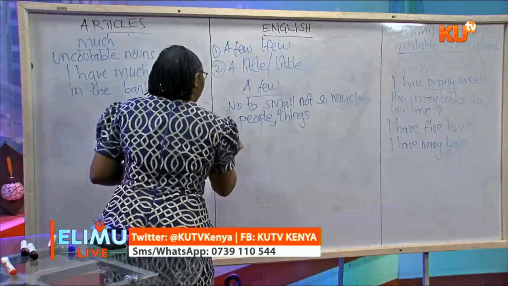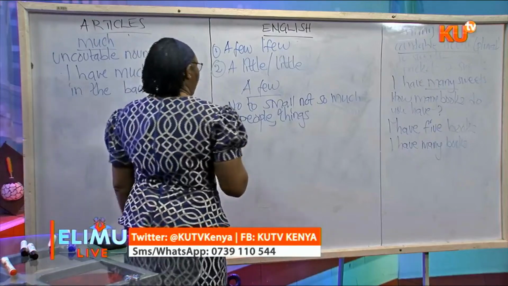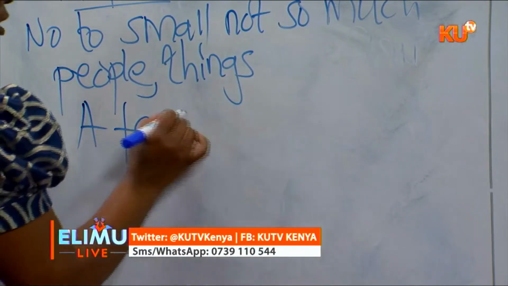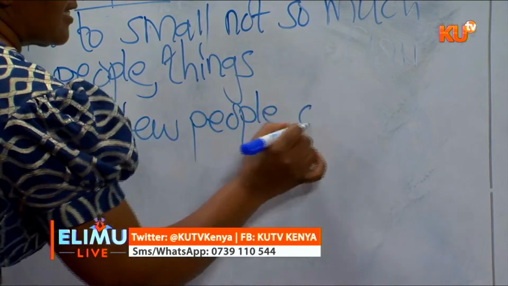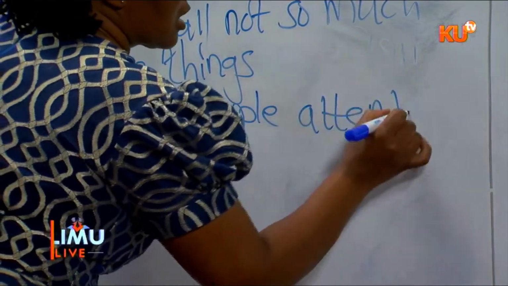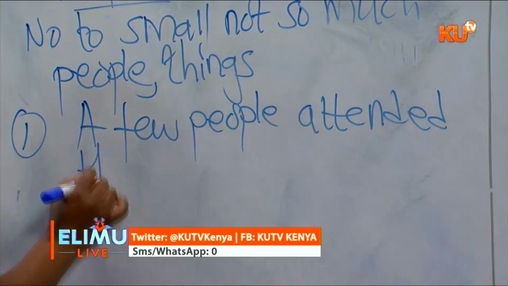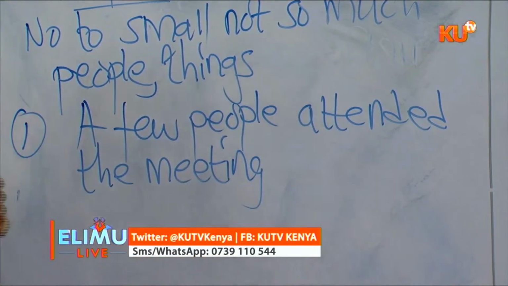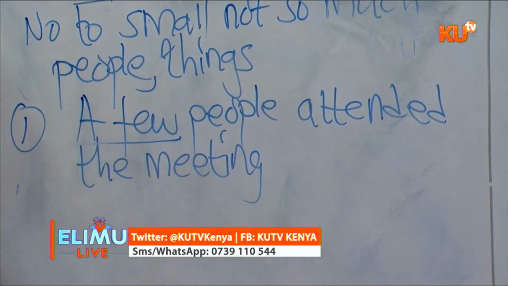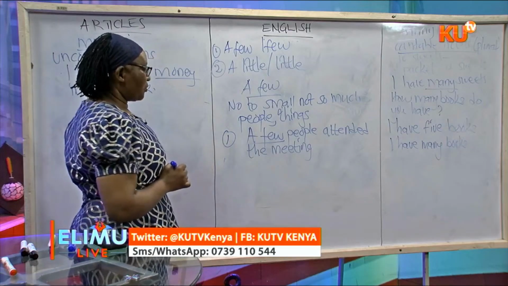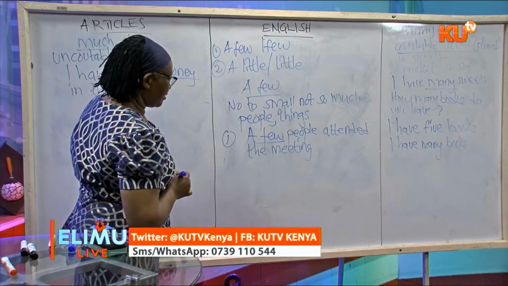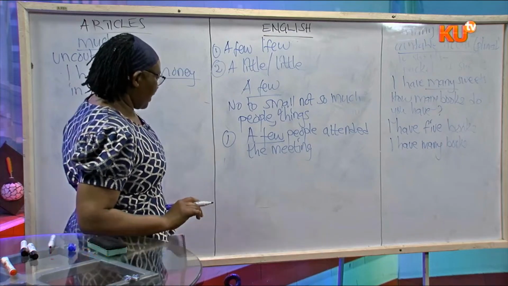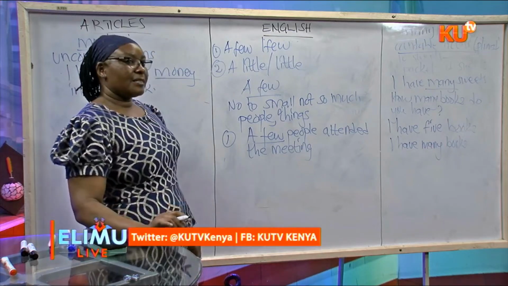So examples in sentences, you can say that a few people attended the meeting. Now, when we say a few people attended the meeting, it means that you expected more people to attend, or you expected a higher number of people to attend the meeting, but you find that less than that number have attended.